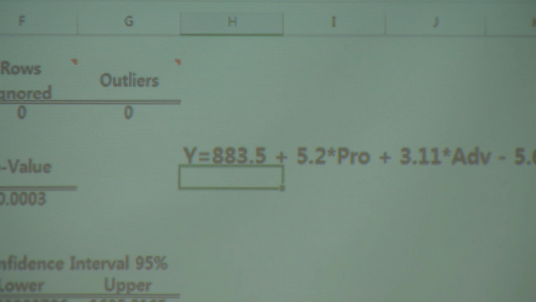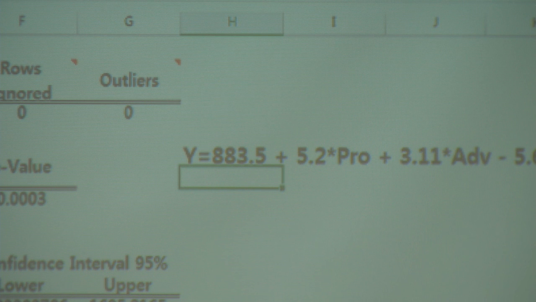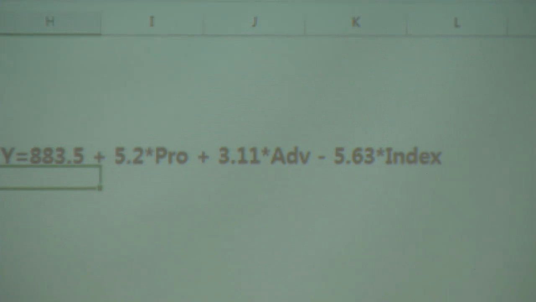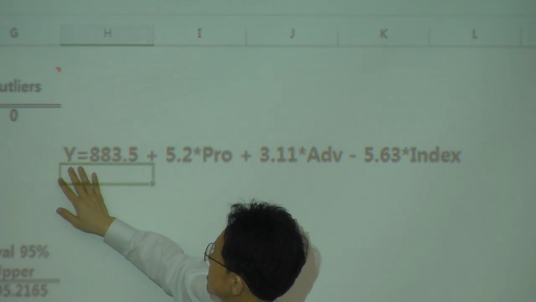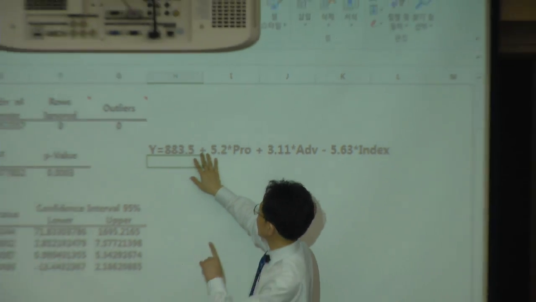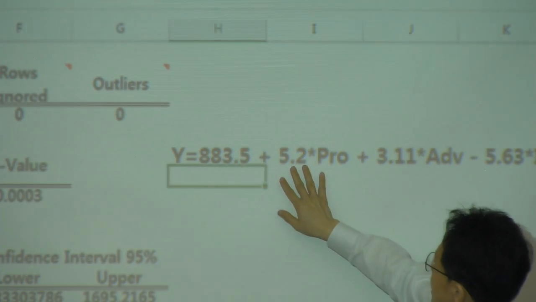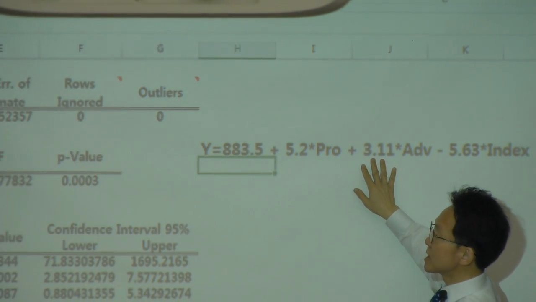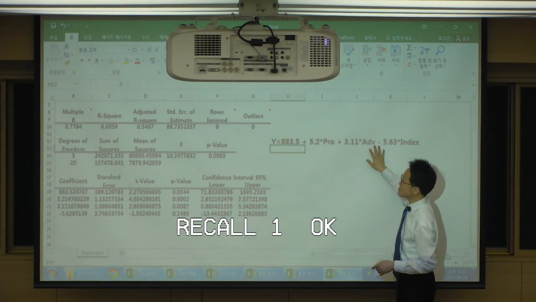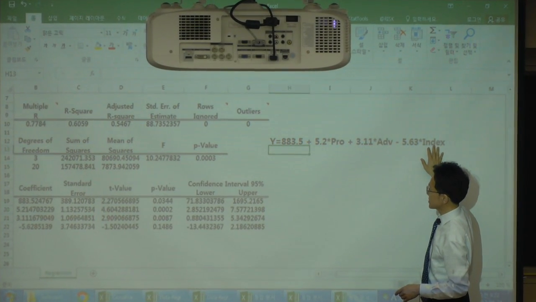Okay, so the first thing that you have to do is write down the regression line. In other words, my sales is the constant alpha plus beta 1 times promotion plus beta 2 times advertising minus beta 3 times index.